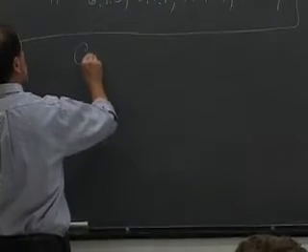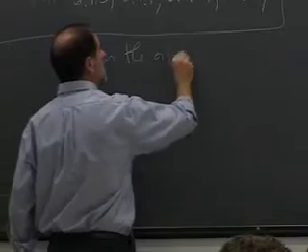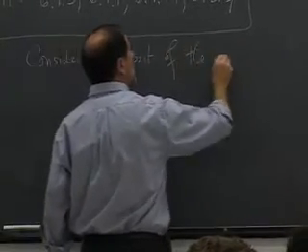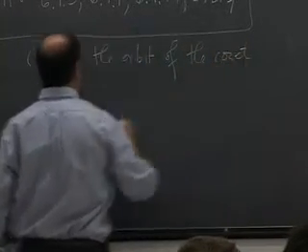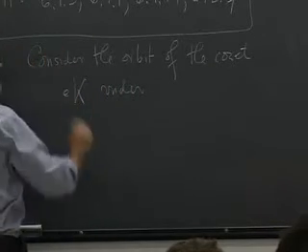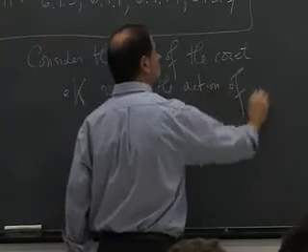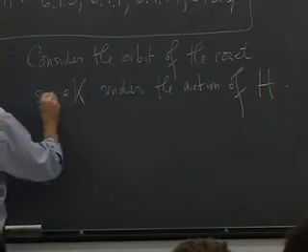Well, let's see. Consider the orbit of the coset just K, I could call it EK, under the action of H. This is one element in my set.